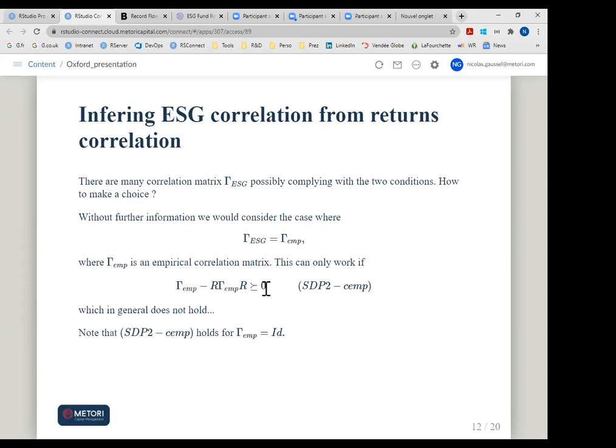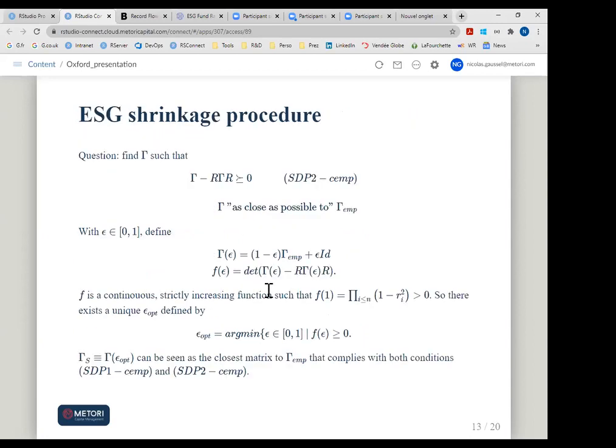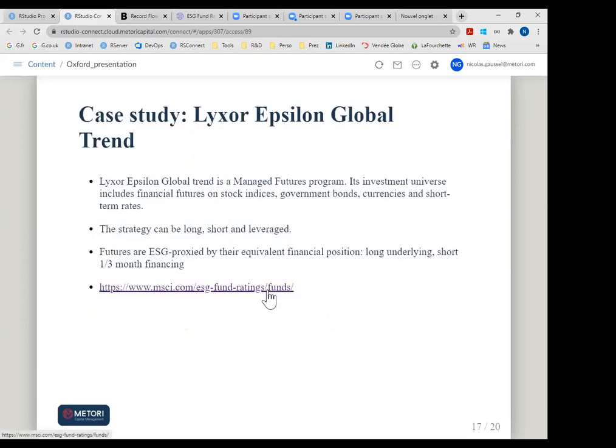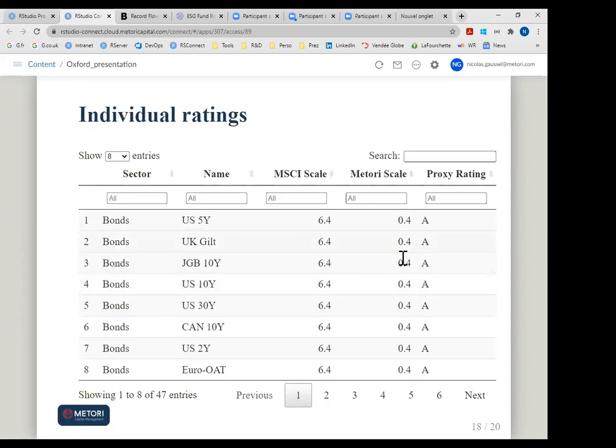Okay. And when you have R, how is R obtained from the qualitative ratings? R is a diagonal matrix with those elements on the diagonal. Here we have an investment universe of 50.